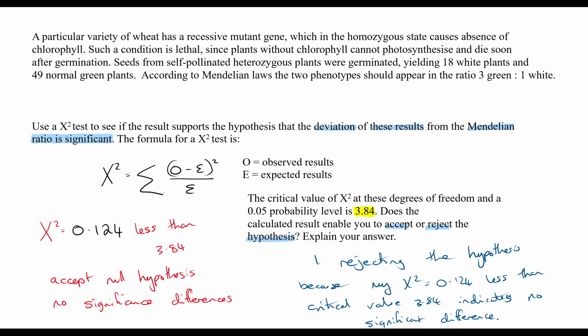So it is very important when you're answering a question like this that you always look at, first of all, what you already know, but then don't get caught out by not referring back to the question, because you could have written that you accept a null hypothesis, there's no significant difference, but you haven't actually answered the question in front of you. So you could lose a marking point.